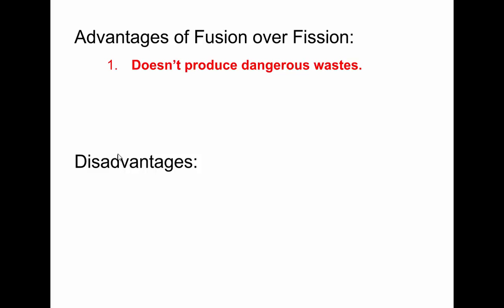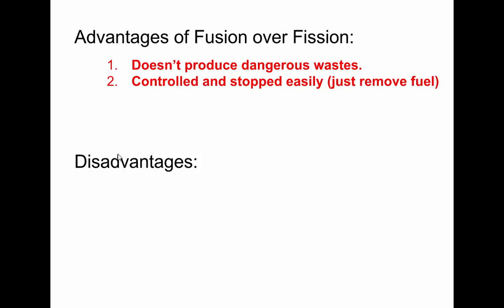Because fusion would not produce dangerous waste products. Fusion can easily be started and stopped, whereas fission cannot be easily started and stopped. And we would basically have an unlimited supply of hydrogen, whereas for fission, there's not an unlimited supply of uranium. It has to be mined out of the ground.